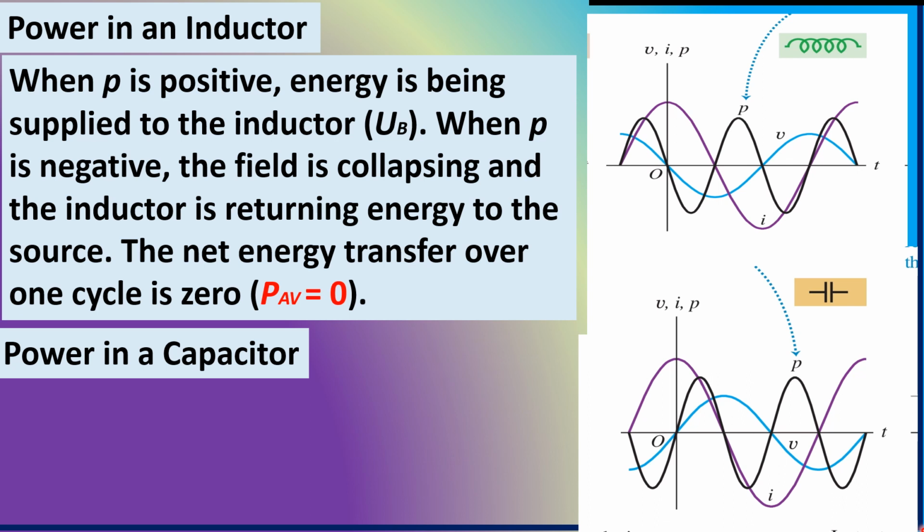The figure shows the power curve, all right? This is the power curve. The average power is again equal to 0.